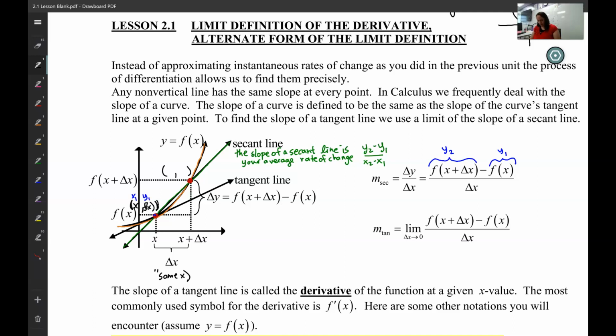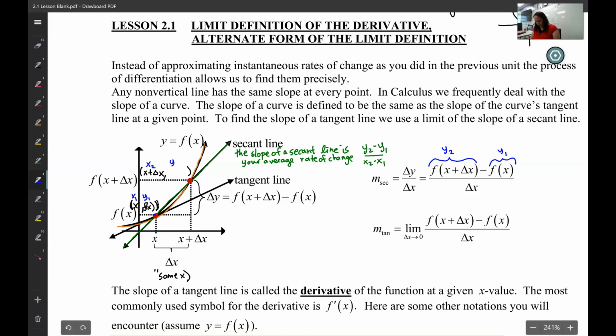So the x value here is x plus delta x. So that is my x2. That point is at that x value, x plus delta x.